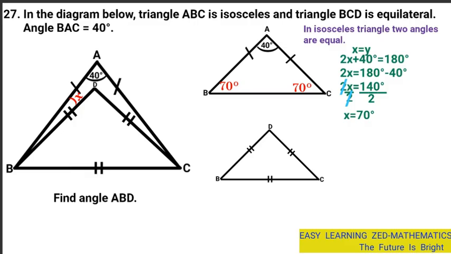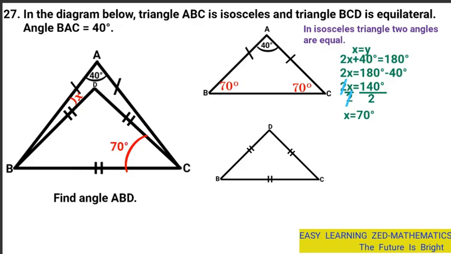Now, this is the bigger triangle, triangle ABC. We're going to indicate these degrees that were found on the actual diagram we are given. The angle should start from line AC to line BC, which is 70 degrees.